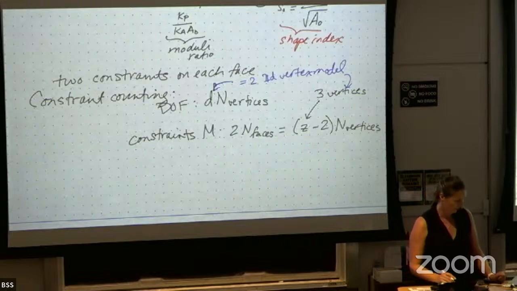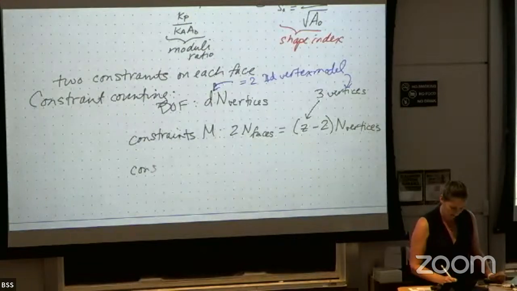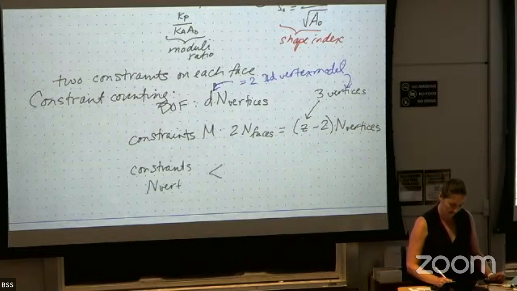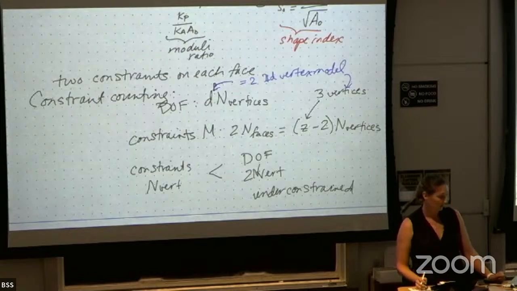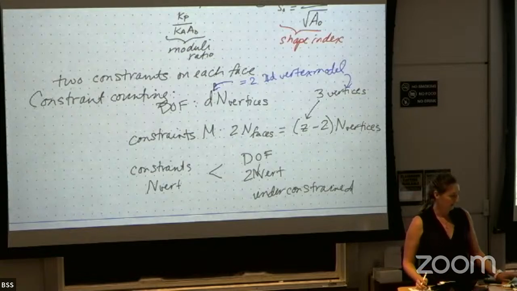And so if I plug in, the number of degrees of freedom is 2 times n, using the terminology that we developed over the last few lectures. Okay. Good.